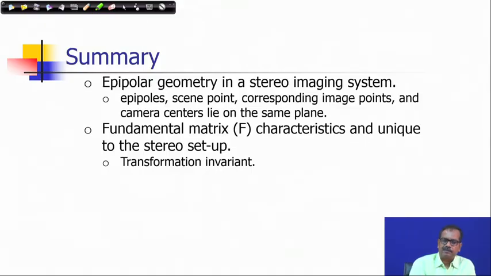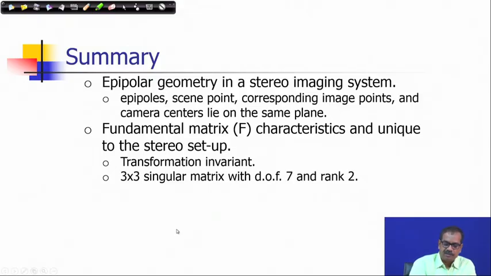You can use the transformed points to estimate it. Then it is a 3×3 singular matrix with degree of freedom 7, that is the number of independent parameters is 7, and since it is singular, its determinant has to be 0, rank has to be less than 3, and in this case for a fundamental matrix its rank will be 2.